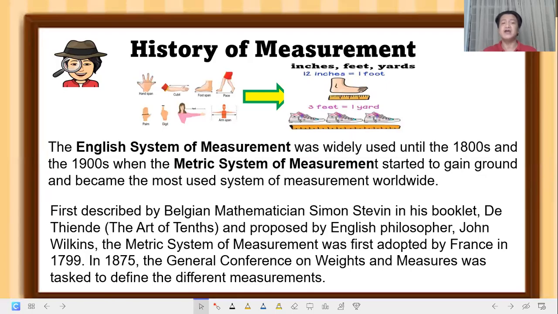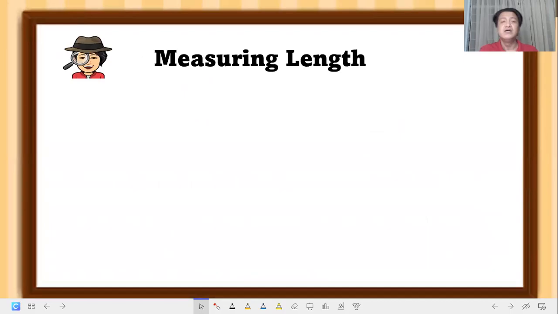It was first described by Belgian mathematician Simon Stevin in his booklet, The Art of Tenths, and proposed by English philosopher John Wilkins. The metric system of measurement was first adopted by France in 1799. In 1875, the General Conference on Weights and Measures was tasked to define the different measurements. So kaya nga lumaganap na yung ating measurement.